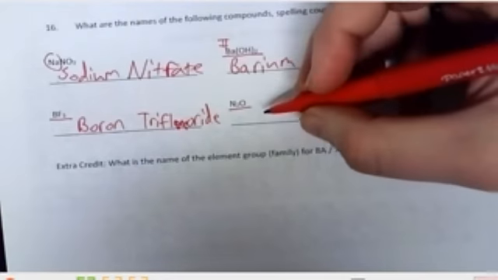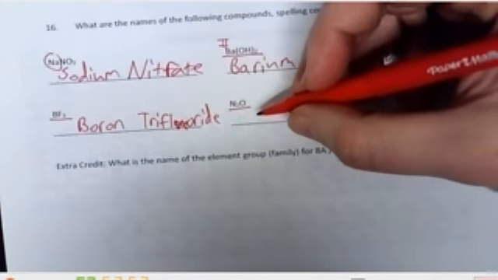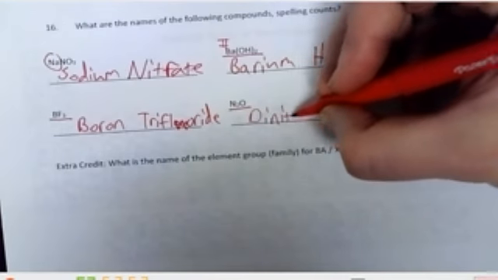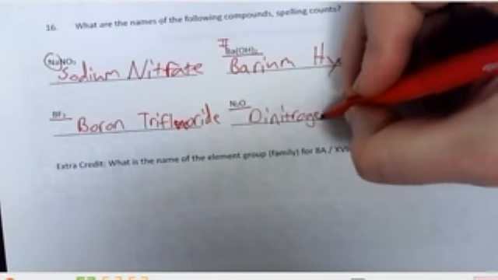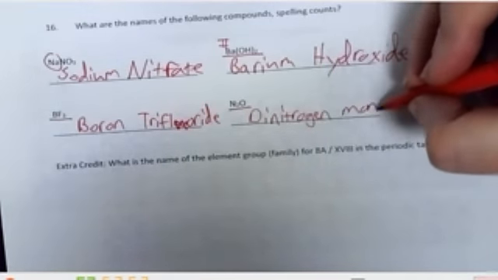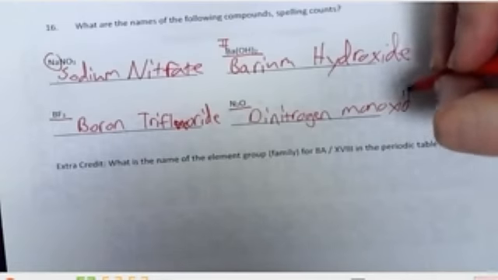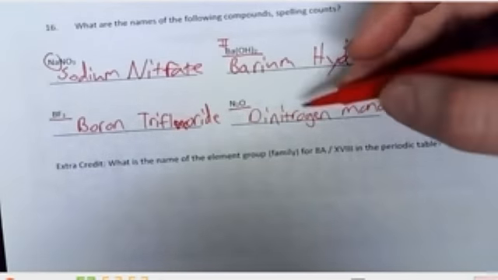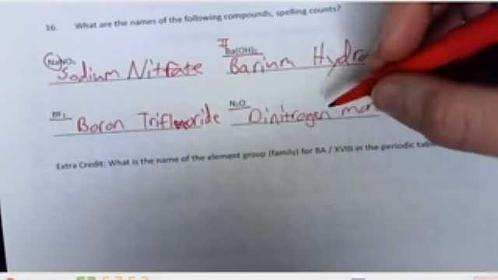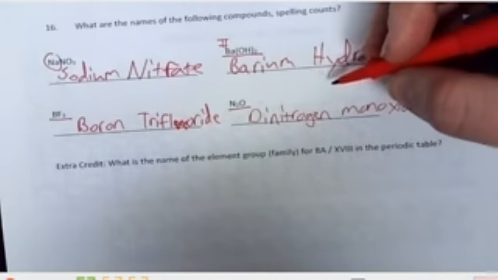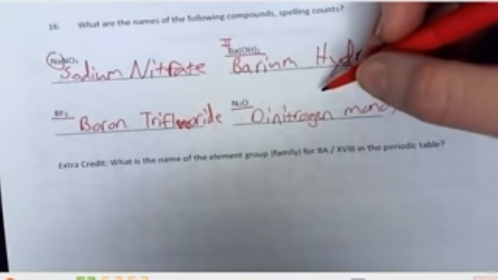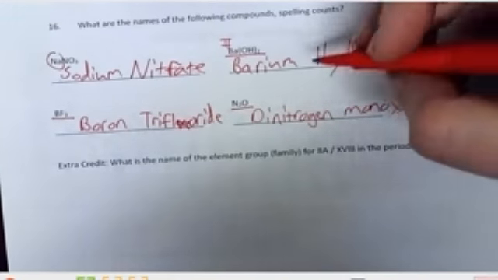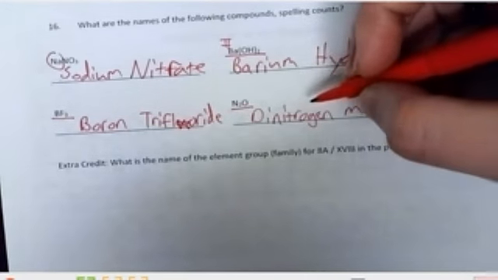If we name it based on how we've learned it, we should call this dinitrogen monoxide. Mono meaning 1, monoxide. What you get from the doctor's office is nitrous oxide, but we name it dinitrogen monoxide. So I did not count nitrous oxide correct.